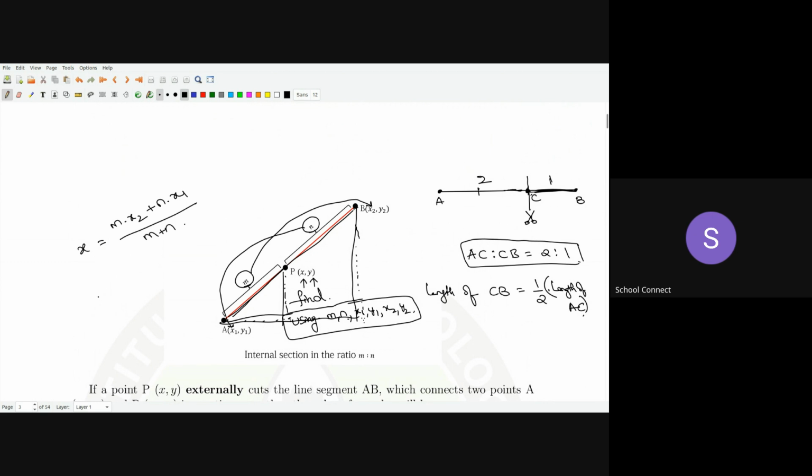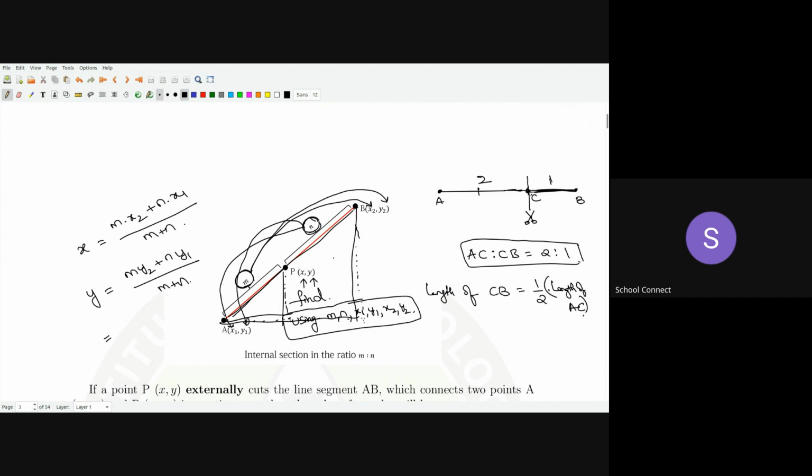Okay. Similarly, the y coordinate will also be this: m multiplies y2, n multiplies y1, and if you add those two, that will be your numerator, and the denominator will be again the total number of parts that AB is divided into. So that will be the internal cut.